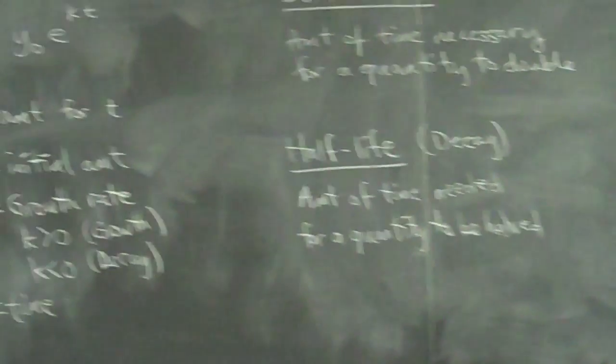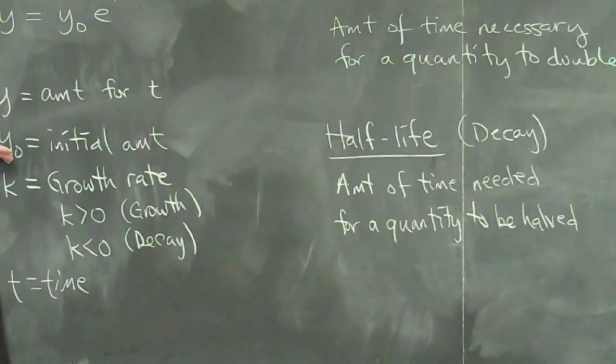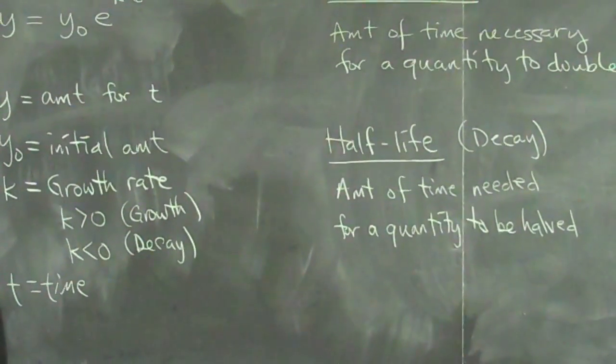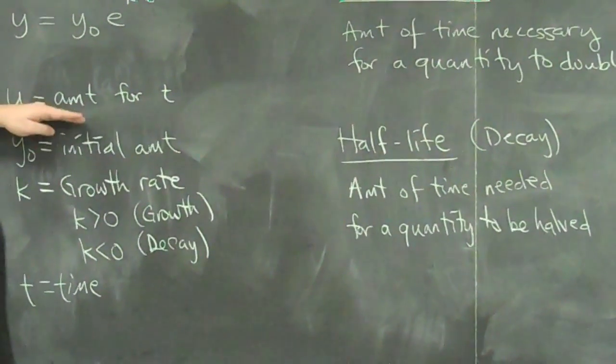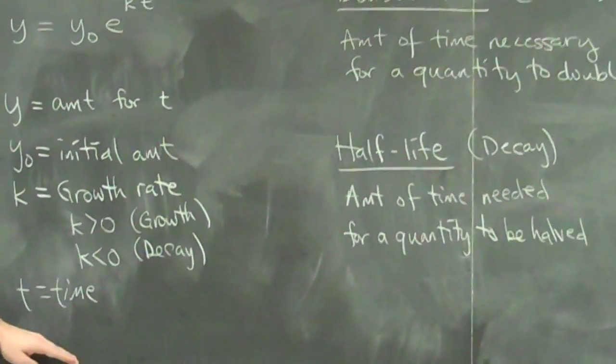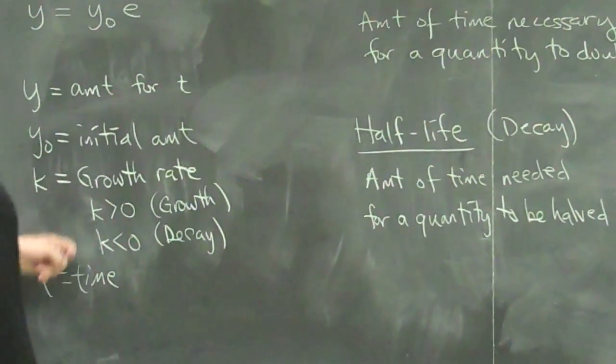Did I give you the initial amount? Cool. Did I give you some amount for some specific amount of time? There was 350 after 9.996 days, right? So the only thing we don't know out of this is the K.